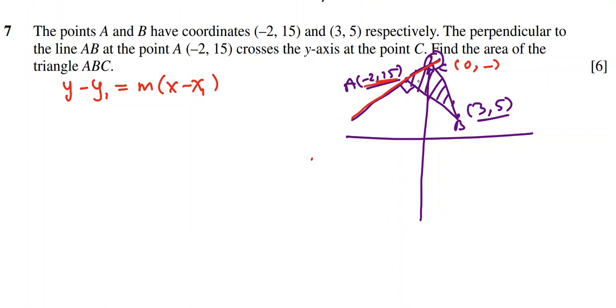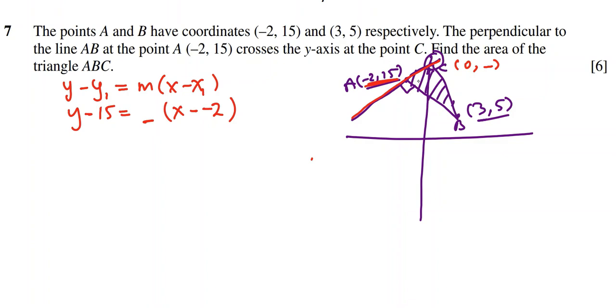Since it is passing through minus 2, 15, x1 is minus 2 and y1 is 15. So m is the only one we don't know.